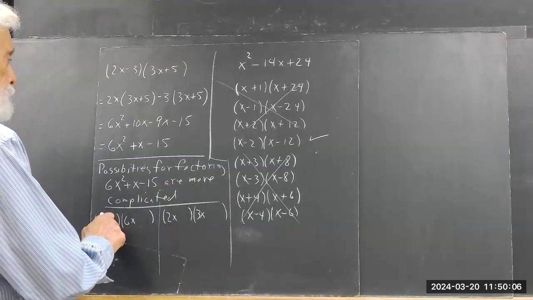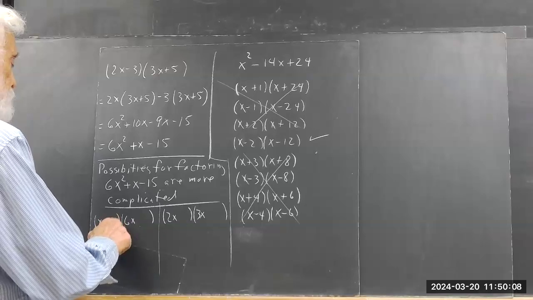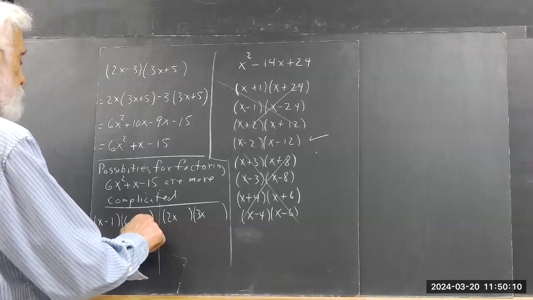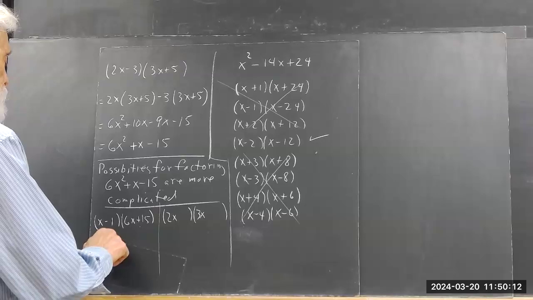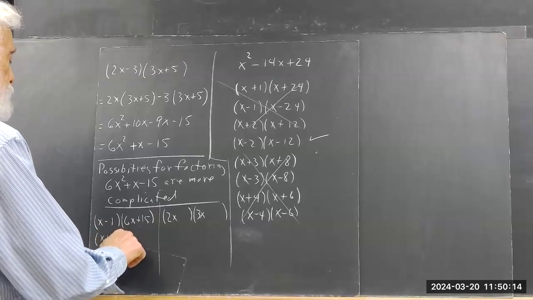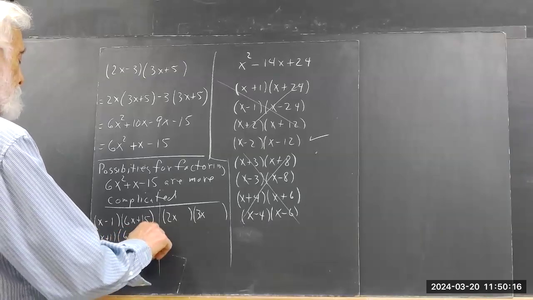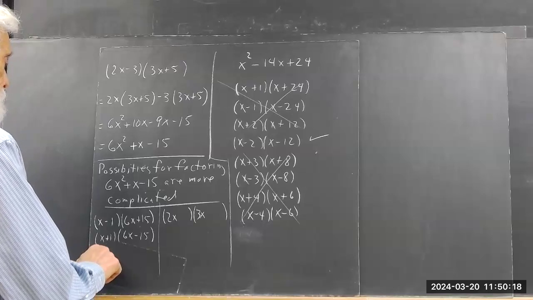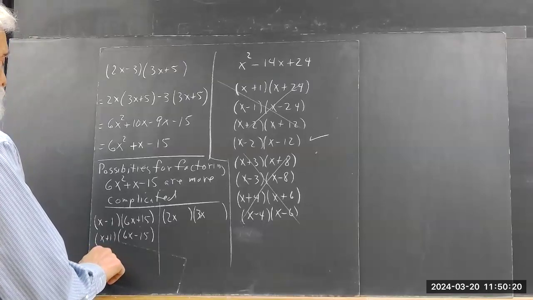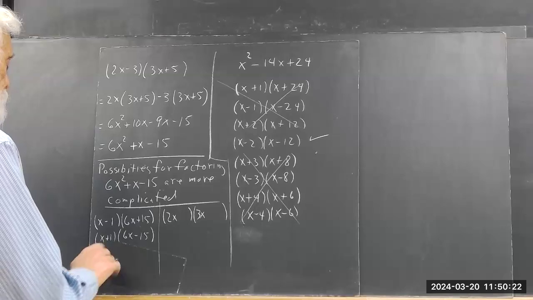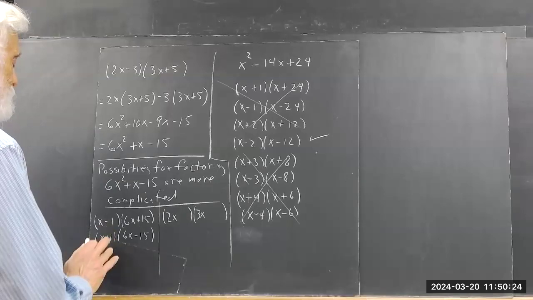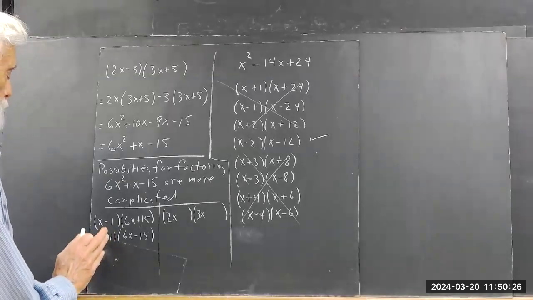We could say, okay, this could be x minus 1, 6x plus 15, x plus 1, 6x minus 15, or x plus 3. Well, let's do minus first. X minus, we'll get grotesque.